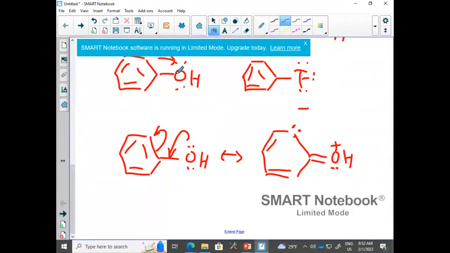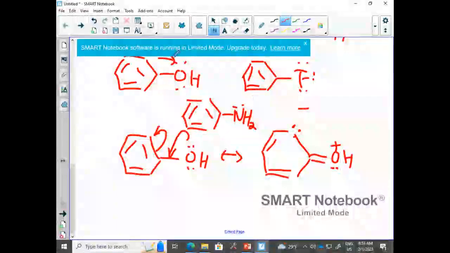So if you look at these three substituents, which one has the strongest inductive effect? When you look at the inductive effect, all of them are electron withdrawing.